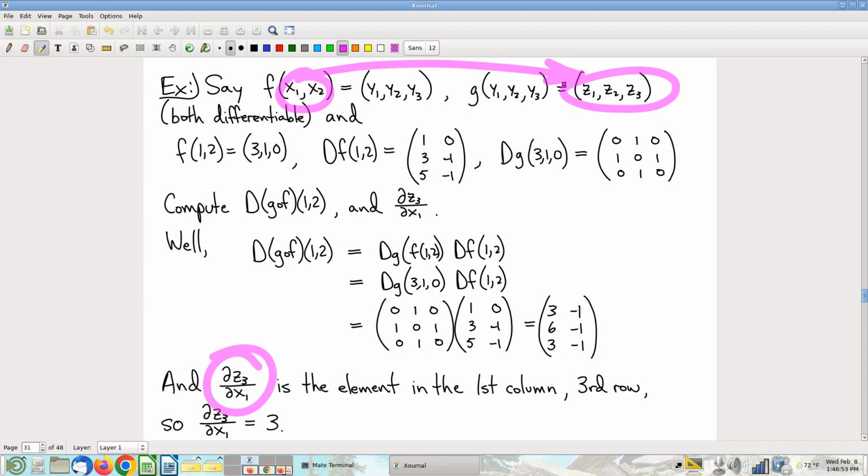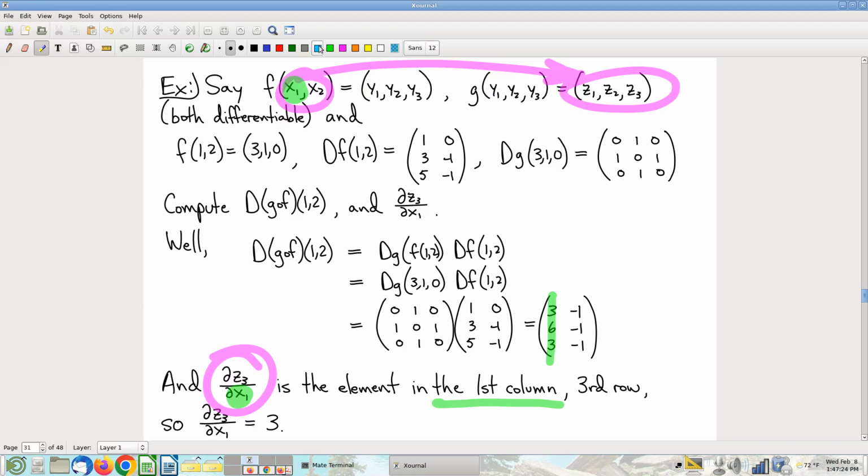And so we're taking the partial with respect to X1. We know that's going to be somewhere in this matrix, right? Being a partial with respect to X1, notice that X1 is the first of our input variables, and therefore we're going to be looking in the first column of our derivative matrix. Is everybody good? Remember, columns correspond to input variables. Partials with respect to input variables.